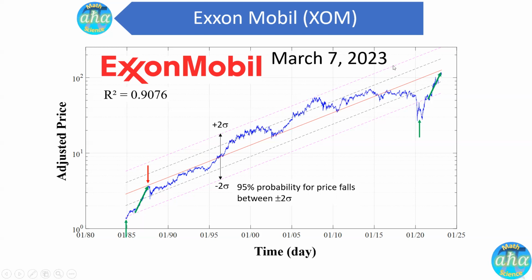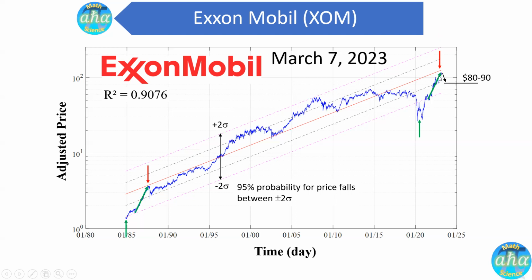We suspect something like this will also happen here. We expect it to start to drop and perhaps go to the negative 1 sigma line, which would put us somewhere around $80 to $90. This is the analysis we did on March 7th.